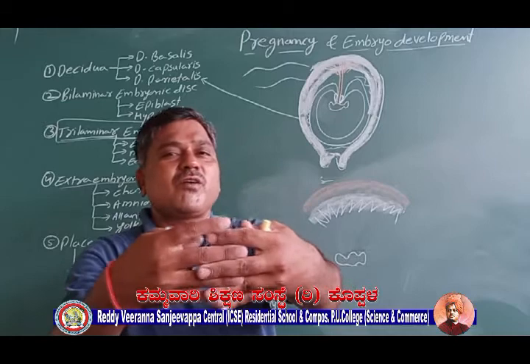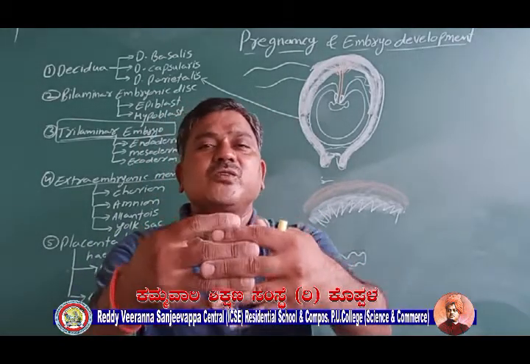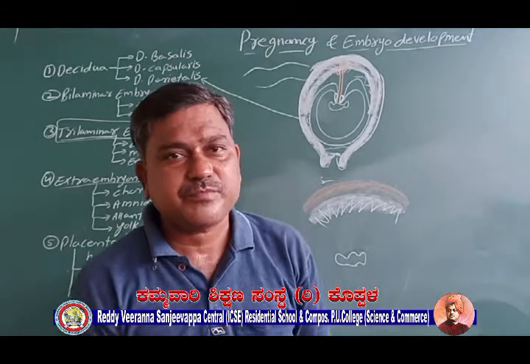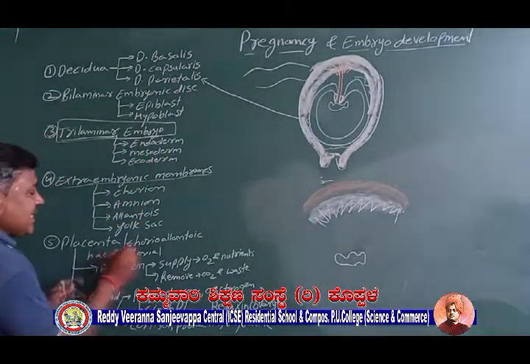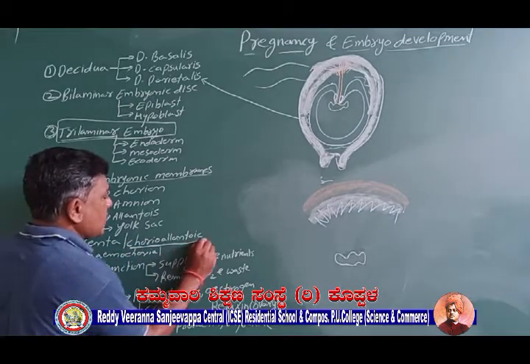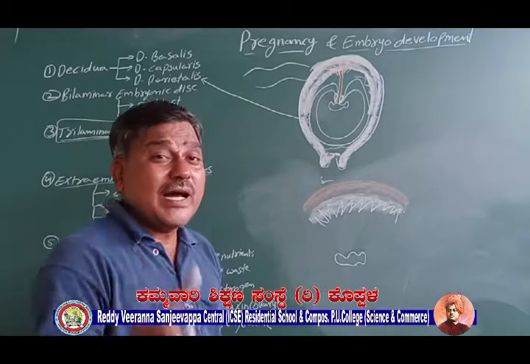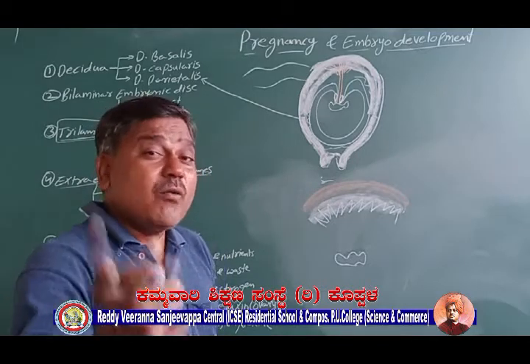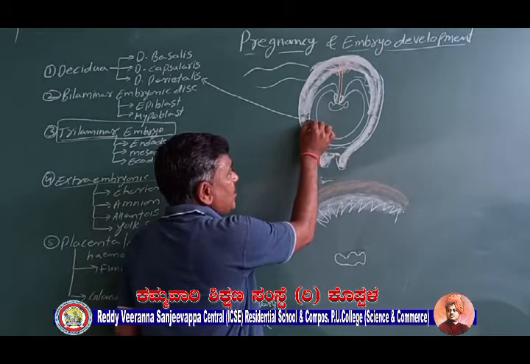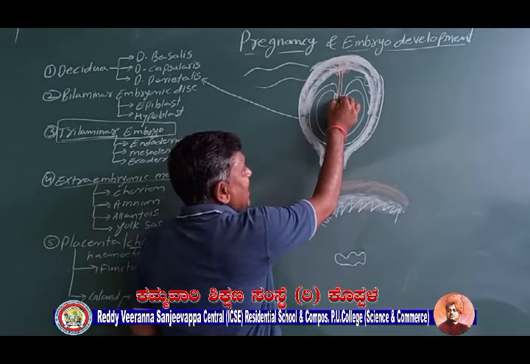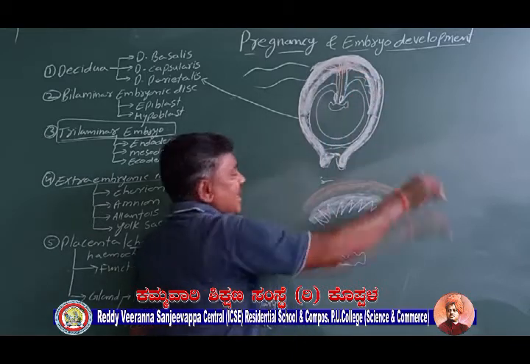So here a junction forms between mother and fetus, and this is called the placenta. This placenta is also called the chorioallantoic placenta. Why? Because both the chorion and the allantois are involved in the formation of the placenta.